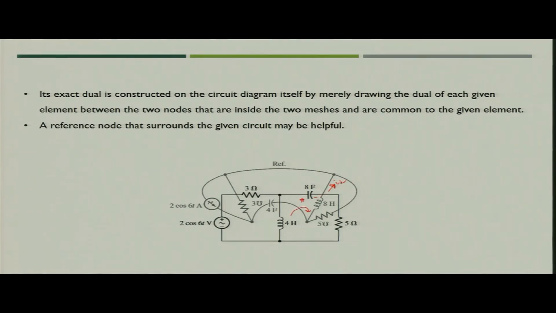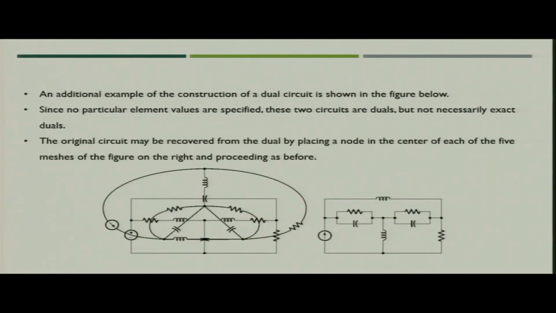That is why the dual current through that inductor would be coming out of the node. In this way, by analogy, you can simply represent the dual of a particular circuit. Now, let us take one example so that you can further understand what we discussed till now.